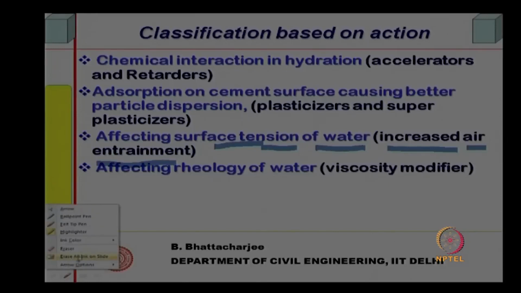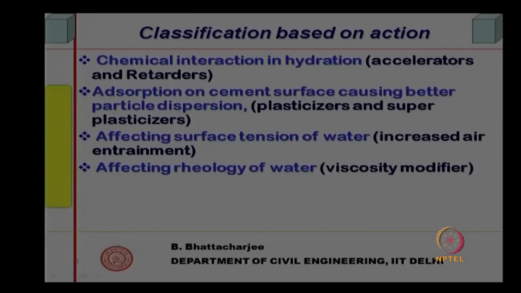Some can affect the rheology of concrete, for example, viscosity modifier. Viscosity modifier affects the rheology of concrete, that is, it changes the viscosity during the plastic stage, and is largely used in self compacting concrete or even in underwater concreting.